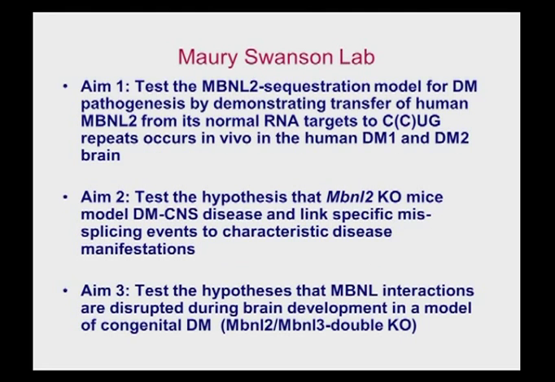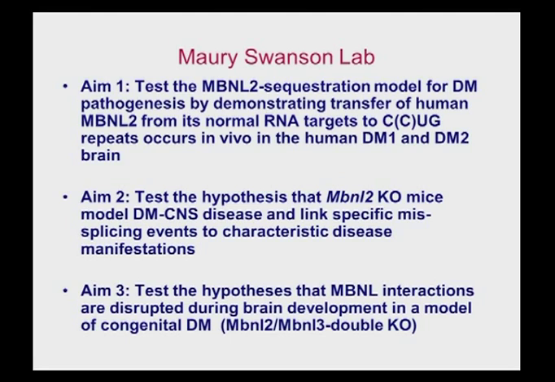Maury Swanson, who is at Florida, has been very interested in the RNA aspects of it. He's very interested in finding new targets, trying to identify splicing abnormalities and which proteins may be abnormally spliced, which can be very helpful in determining where we would look in the brain and what kinds of things might be important in disease pathogenesis.